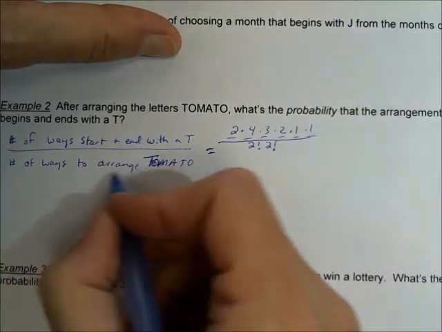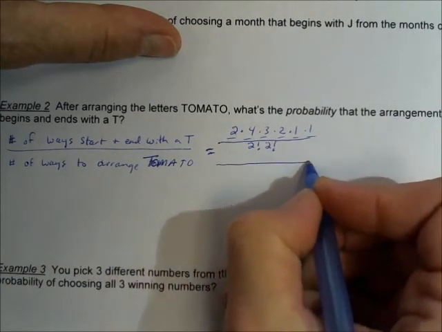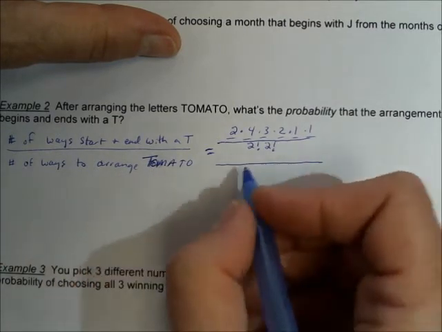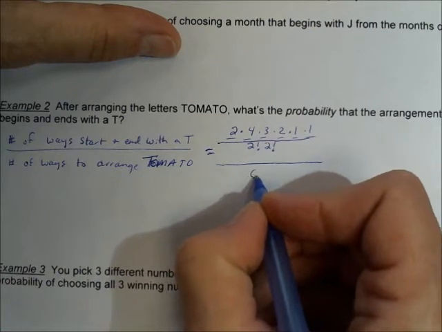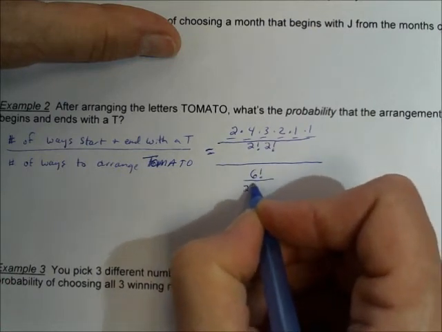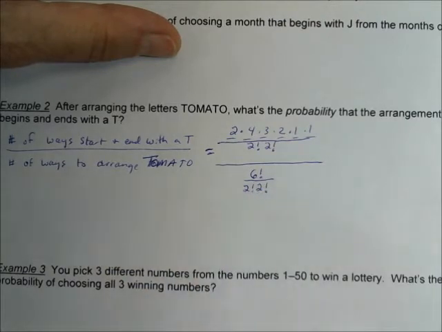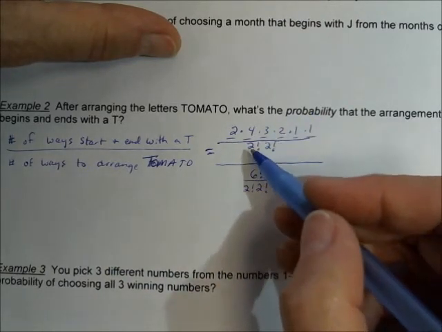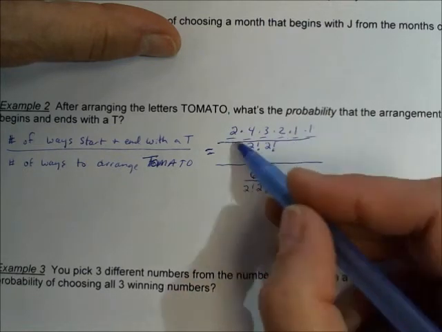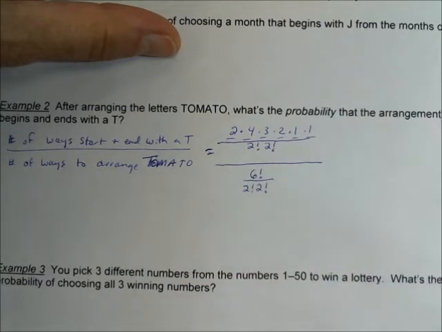Now the denominator, how many different ways could you arrange tomato? So you're going to divide this by, and if you remember from yesterday, the number of ways you could arrange tomato is because there are 6 letters, it's 6 factorial, but there are 2 duplicate T's and duplicate O's. So the number of ways to start and end with a T. Here's the starting T, here's the ending T, but the duplicates have to be considered, and the number of ways to arrange tomato.